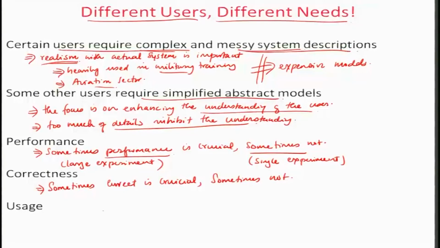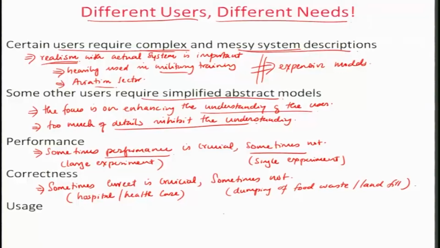For example, in the case of a hospital or healthcare business, correctness is quite crucial, whereas if you are talking about dumping of food waste or landfill, you might not be interested in that much correctness as in the case of a healthcare simulation model. Okay. So, depending upon the model that you are doing, you might want a highly correct model, or you might not want a highly correct model.